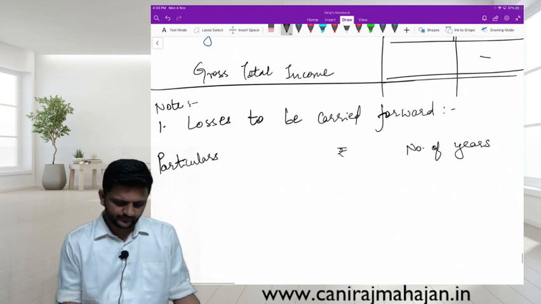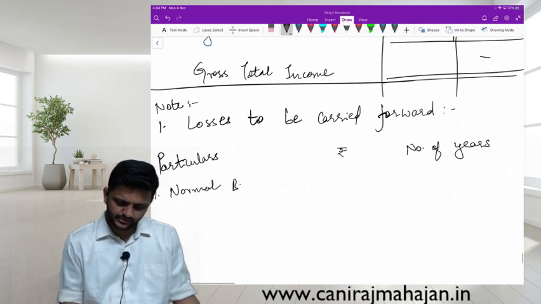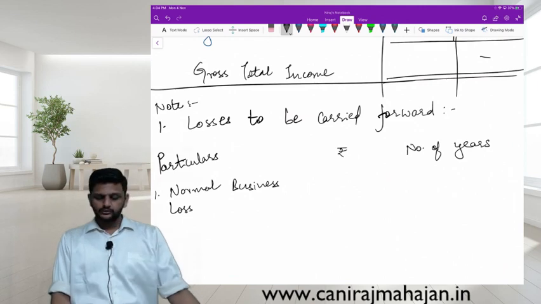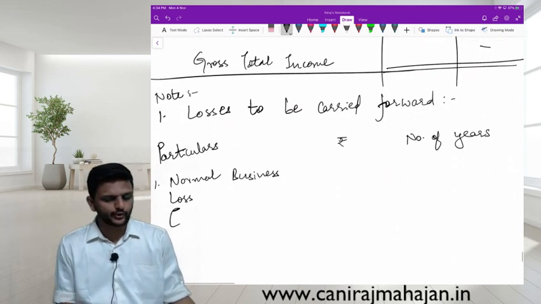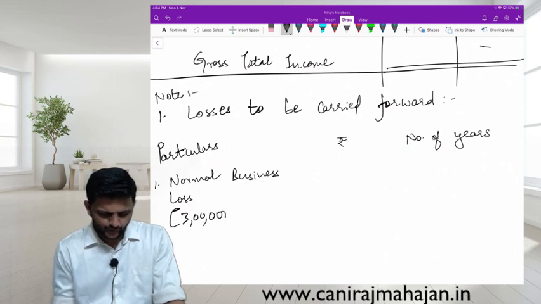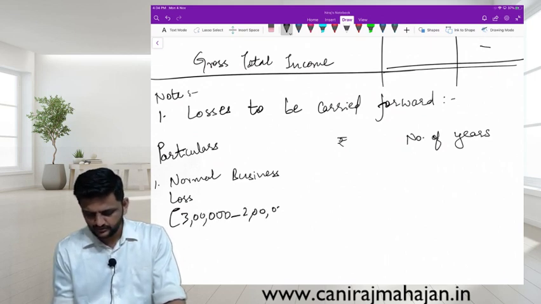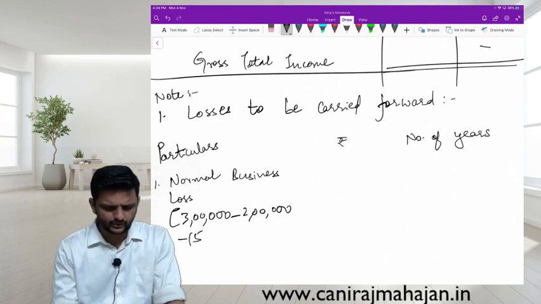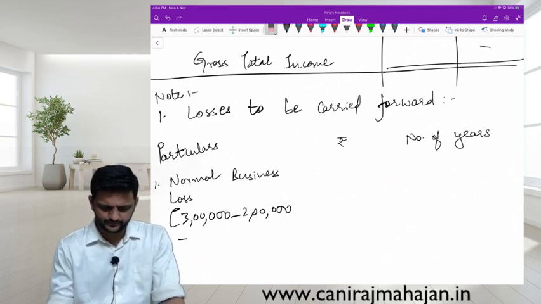Under that, you can say normal business loss. So here you can add the total losses. Earlier it was what? 3 lakhs. Then you set off 2 lakhs. Then you set off 15,000 or 12,000? 12,500. Okay.